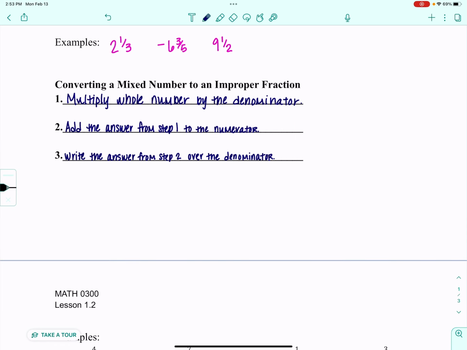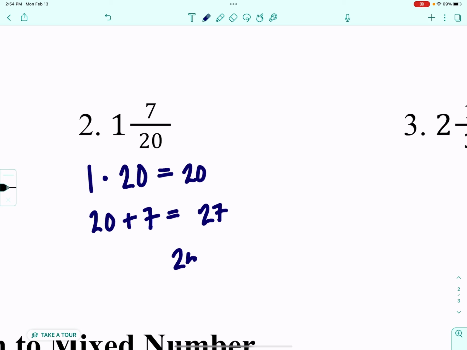So I'm going to go try this one. My direction said to multiply the whole part times the denominator, then add that answer to the numerator, and write that number over the denominator.